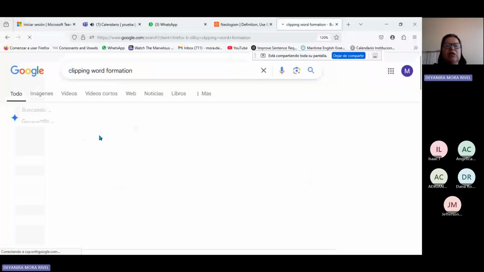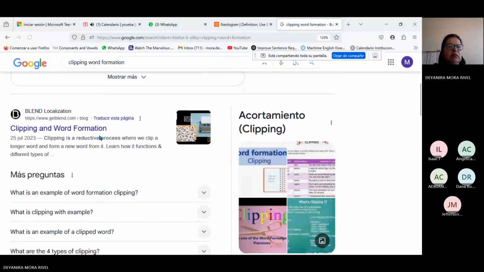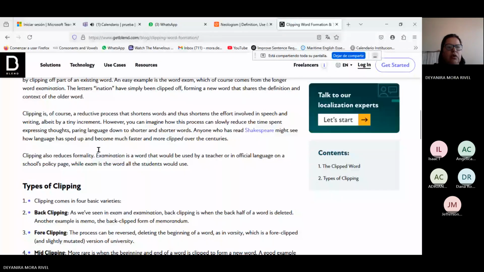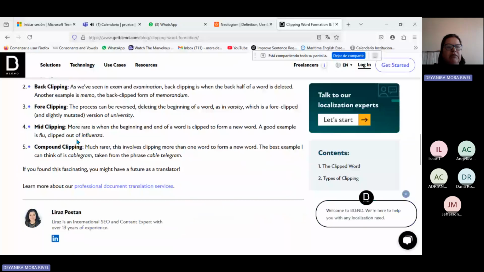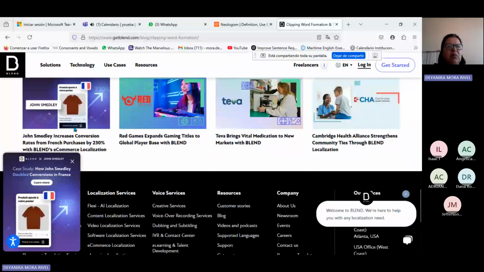Like in Spanish that we say refri instead of refrigerador. Okay, so let's look at a couple examples and I'll explain it and then I'll show you. So there are several types of clipping, but what we want are the examples.